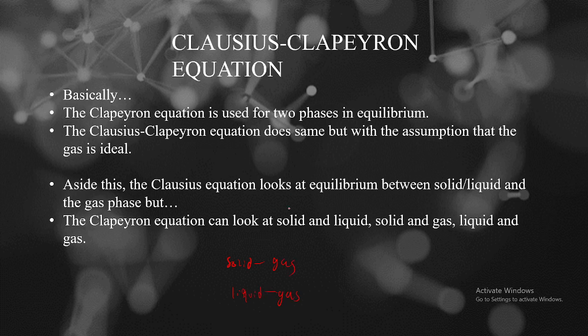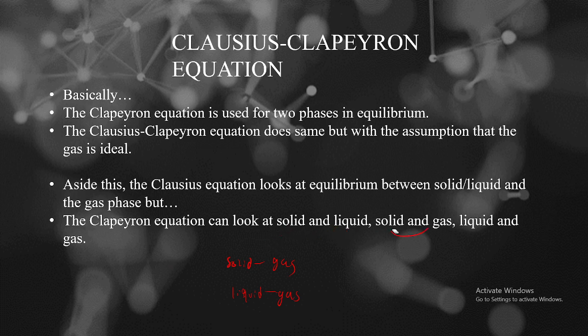That will be for the Clausius-Clapeyron, right? But then the Clapeyron equation can consider solid and liquid, solid and gas, liquid and gas. So we can do solid to liquid, solid to gas, liquid to gas, right?